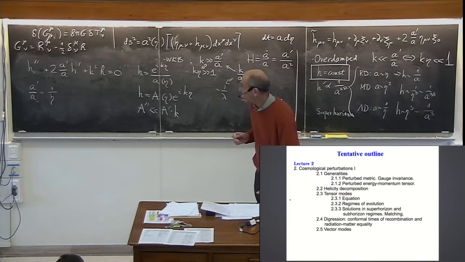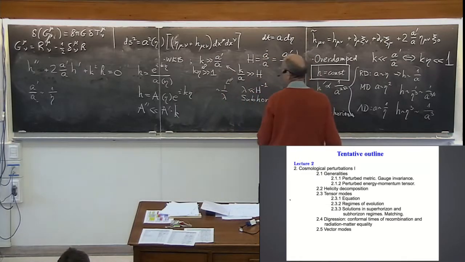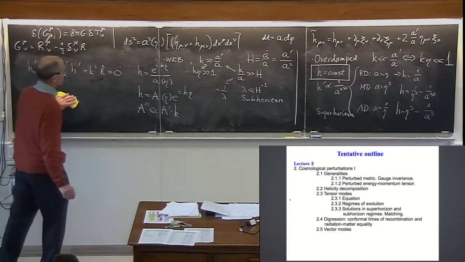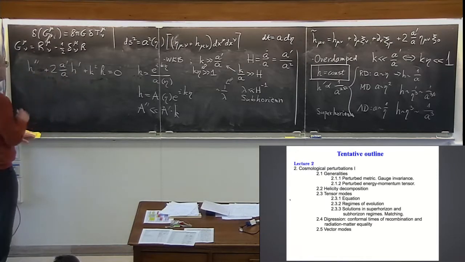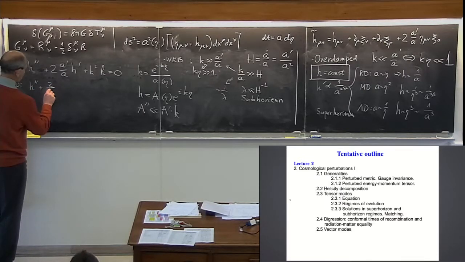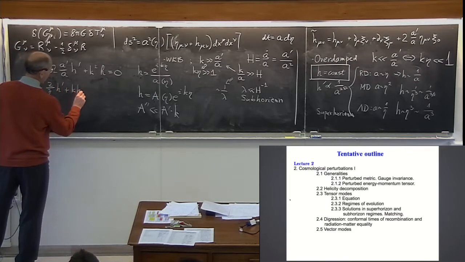So what I'm talking about is maybe too long a physical explanation of what is going on with this equation. At radiation domination, a is a linear function of eta, therefore the equation is just h double prime plus 2 over eta h prime plus k squared h equals 0.